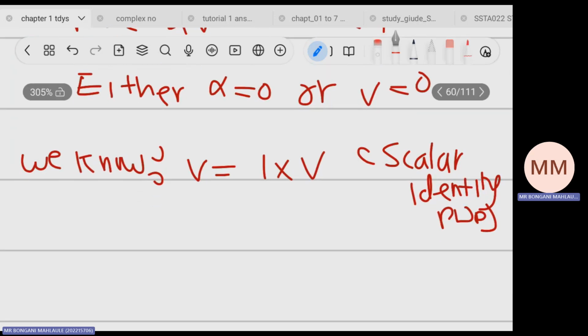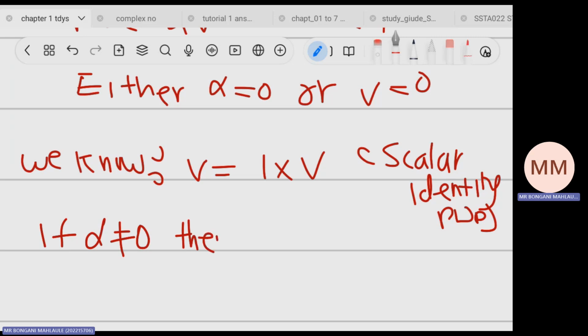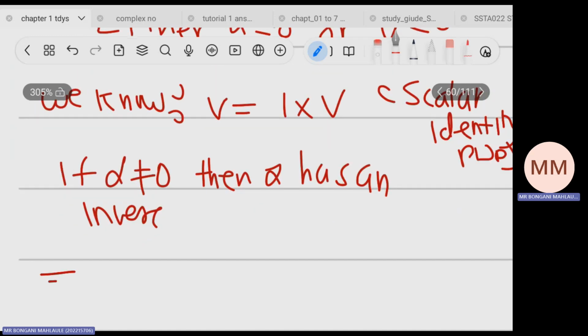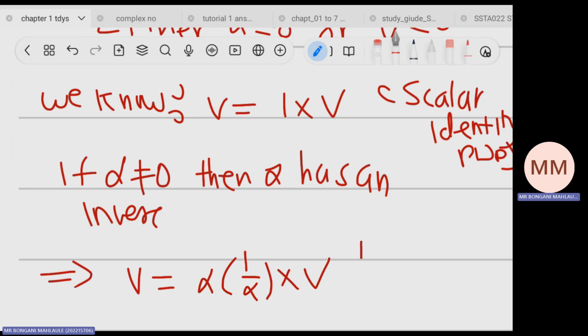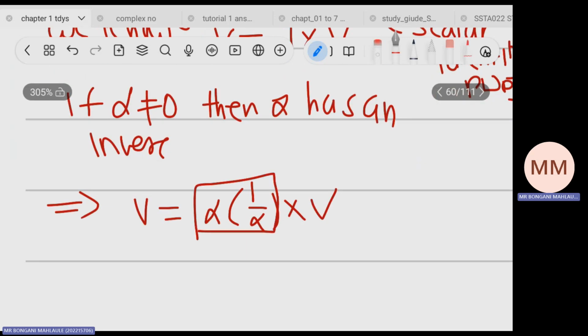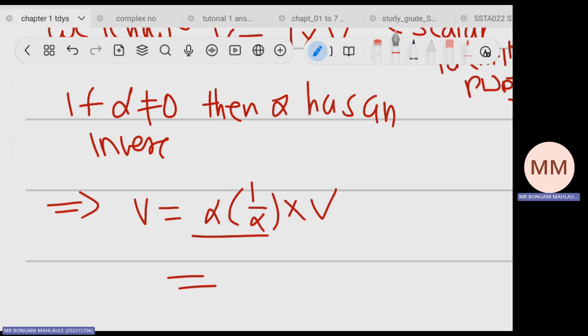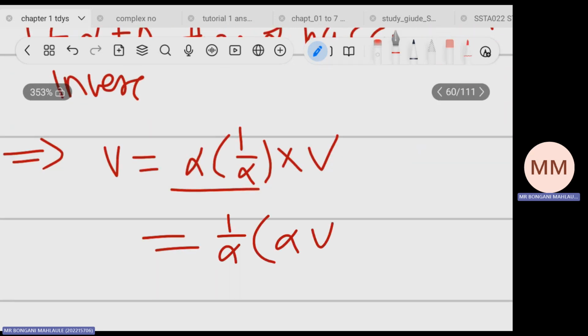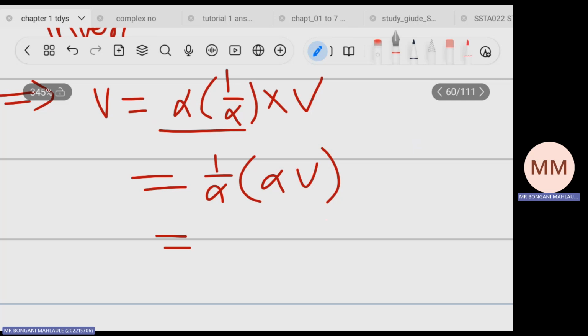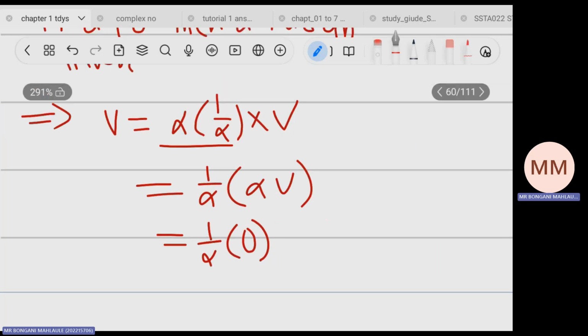Now, suppose we let alpha have an inverse. So if alpha is not equal to 0, then alpha has an inverse. This will imply that v is equal to alpha times 1 over alpha times v, because this will still give us 1. Then this will be equal to 1 over alpha times alpha v, and we know that this should give us 0 by hypothesis.